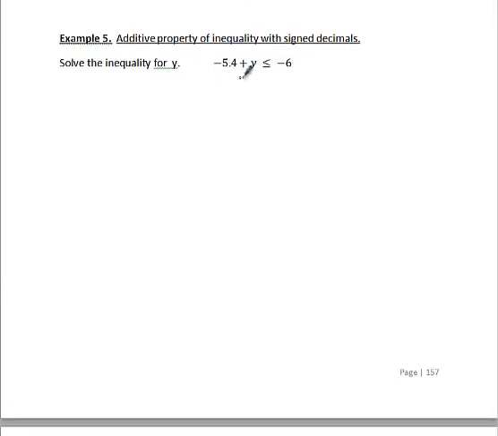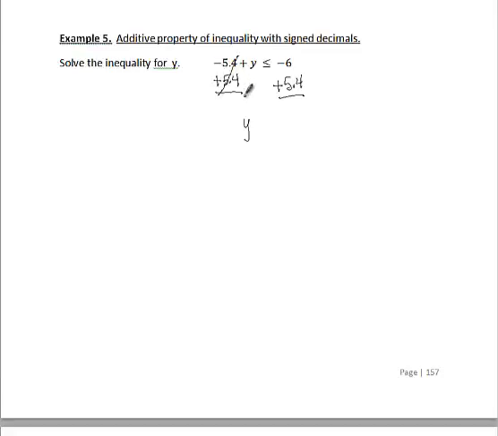Example 5, we have y on the left and a negative 5.4 being subtracted from it, basically, if we look at the sign in front of it. So to do the opposite, we add 5.4 to the left and the right hand side. 5.4 cancels on the left.